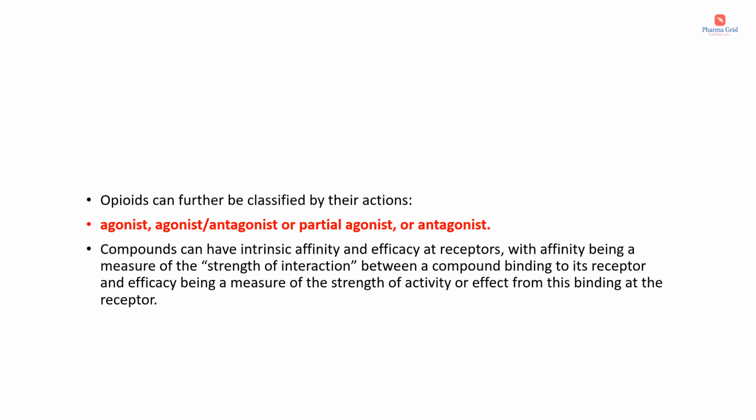Compounds can have intrinsic affinity and efficacy at receptors, with affinity being a measure of the strength of interaction between a compound binding to its receptor, and efficacy being a measure of the strength of activity or effect or response from this binding at the receptor.